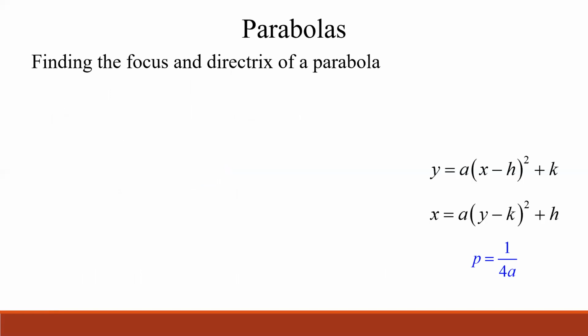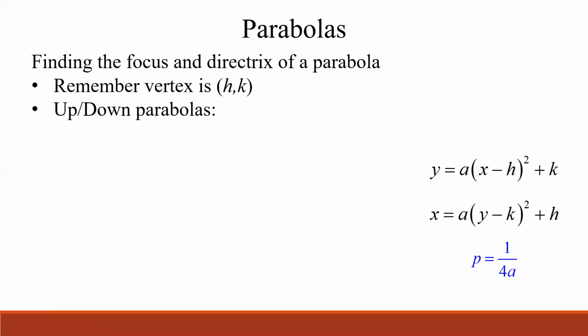So how do we find the focus and directrix? Okay, using that p-value. And notice I put both formats over here on the right, and I put the p-value formula. It's a good idea to write those down on your own paper, but I'm going to have those there for a while. Okay. So remember, our vertex is (h, k). Important to remember that because that's the basis of this whole thing. For up-down parabolas, our focus, remember, we know it's going to be inside, right?